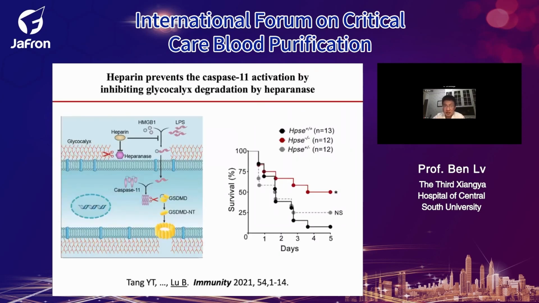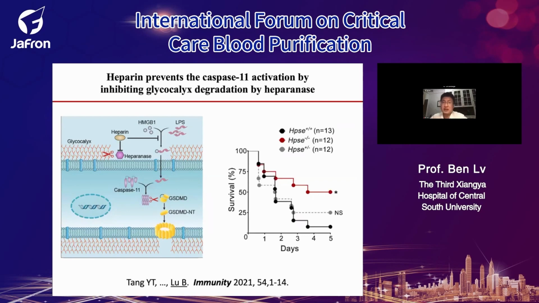This is the mechanism of how it works. Heparin has two main targets. One is HMG1: it can bind HMG1 and prevent the binding between HMG1 and the LPS. The second target is even more important. It can inhibit heparanase. This enzyme cleaves the glycocalyx, which is just like a coat outside our cell.